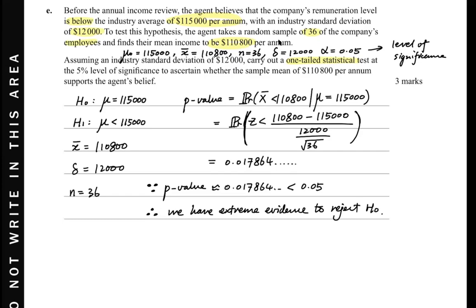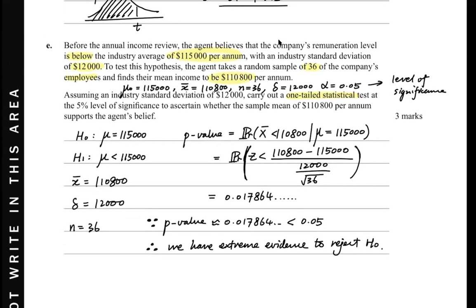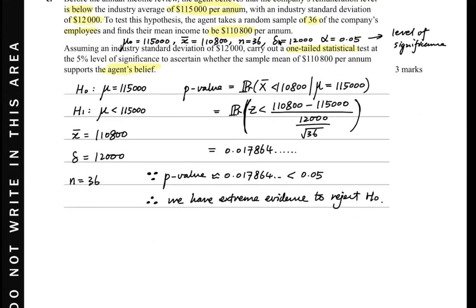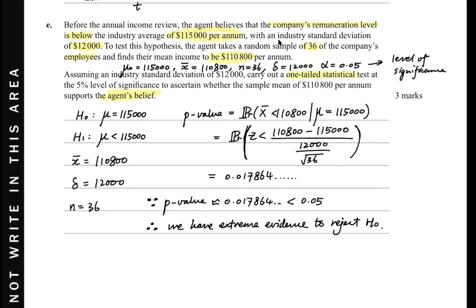But finally, we have to answer the question: does this sample mean support the agent's belief? So what is the agent's belief? The agent's belief is the company's remuneration level is below the industry average. Yep, it is below the industry average.